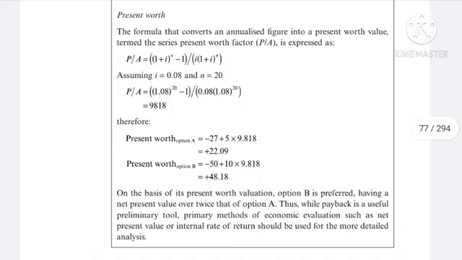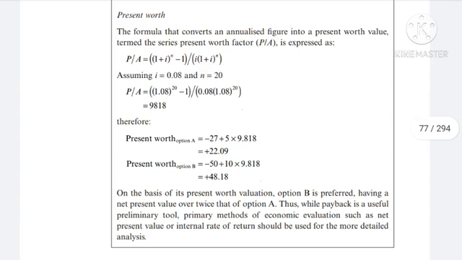Therefore, substituting on the equation to solve the present worth on option A, we have negative 27 plus 5 multiplied by the present worth factor. So we have 22.09.